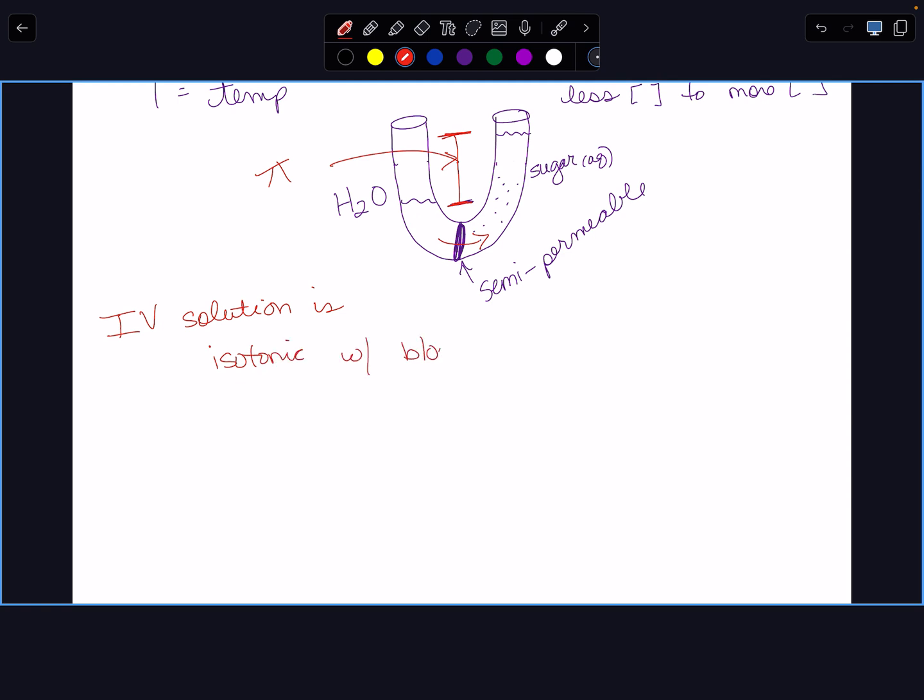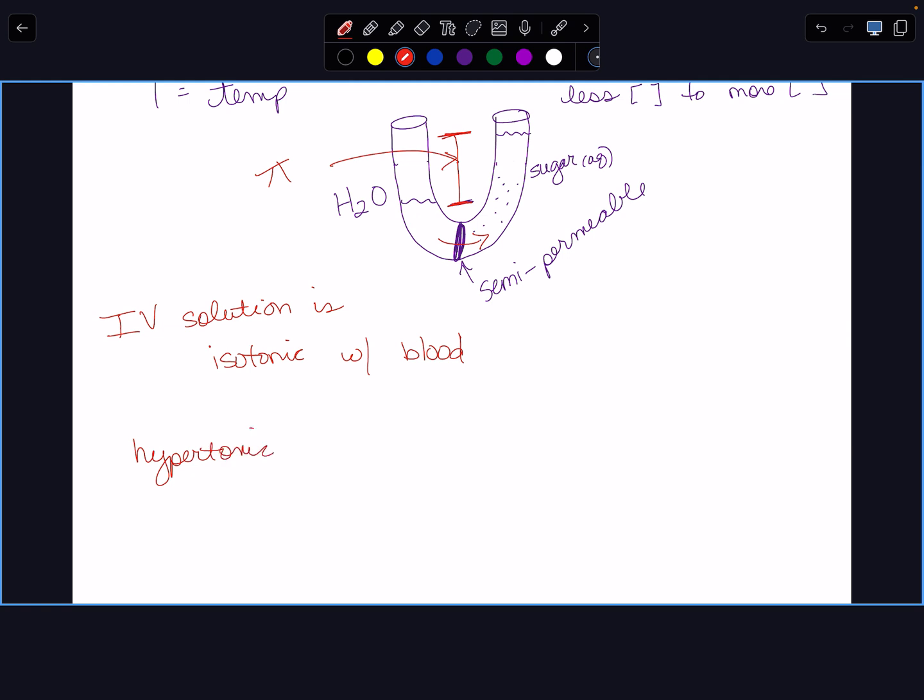What does iso mean? Same. Iso means same, right? Isotope, same atom, different. Okay, isotonic with your blood. The IV solution and your blood have to have the same osmotic pressure. Because if they're not, what happens is if the IV solution is hypertonic, hyper means more.